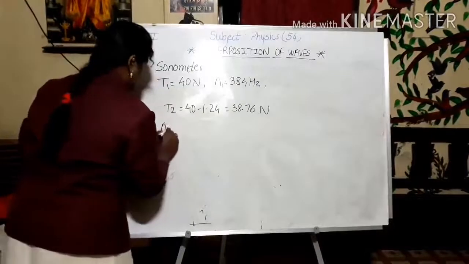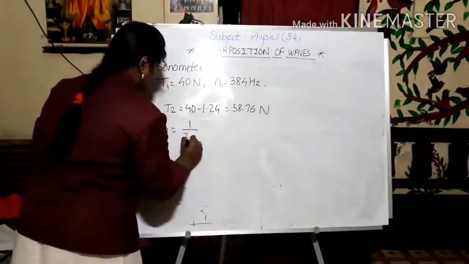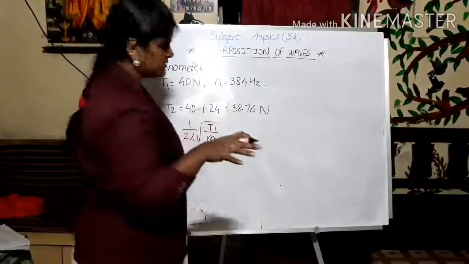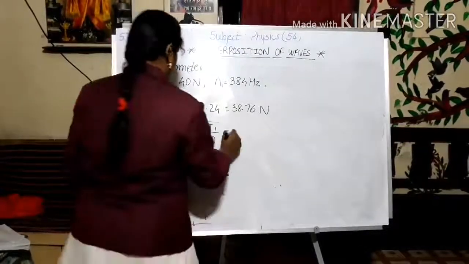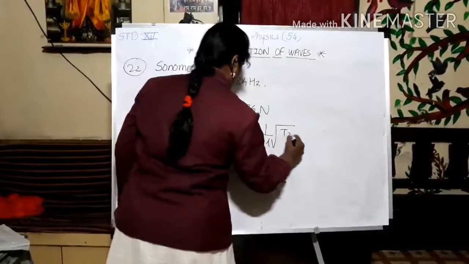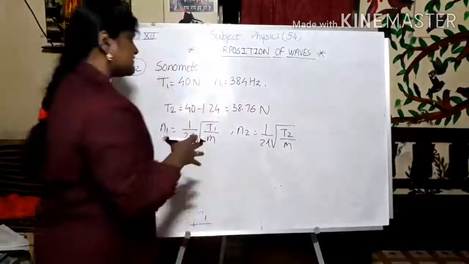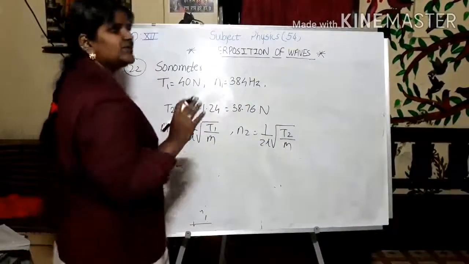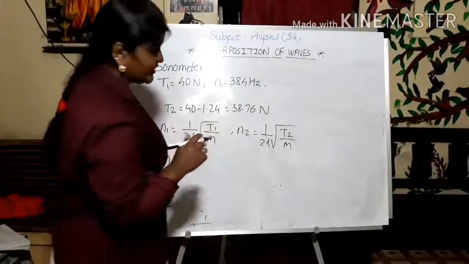So we'll write the formula. N1 is 1 by 2L under root T1 by M. As the same wire is there, M will be the same for both of them. N2 will be 1 by 2L under root T2 by M. So I will just divide both the equations. As we want to find N2, I am taking N2 in the numerator.